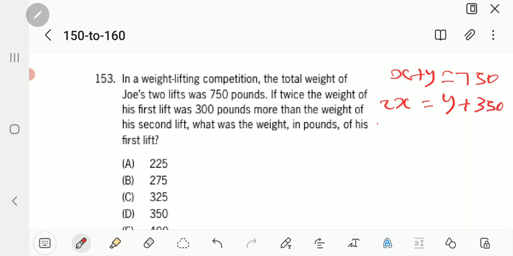Then we can say 2S minus Y equals 300. Then we can solve this simultaneously, right?